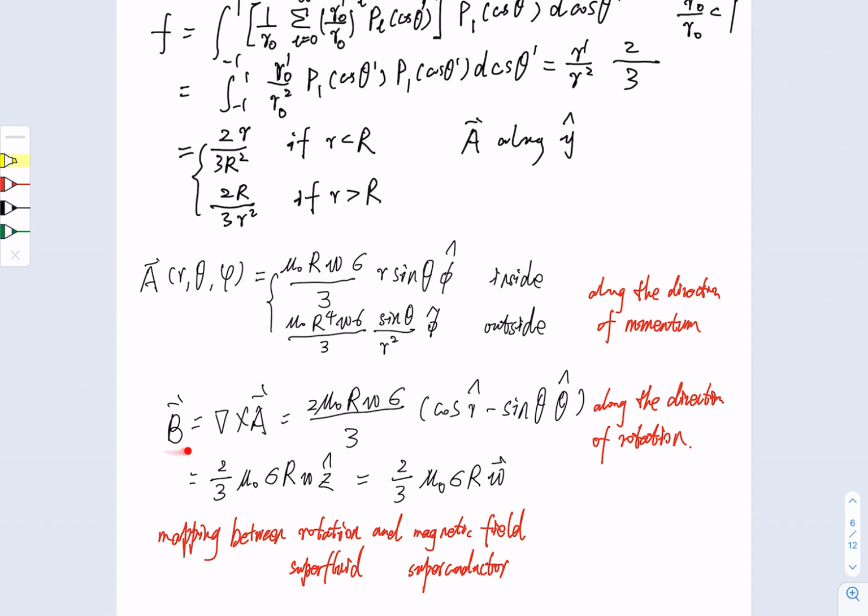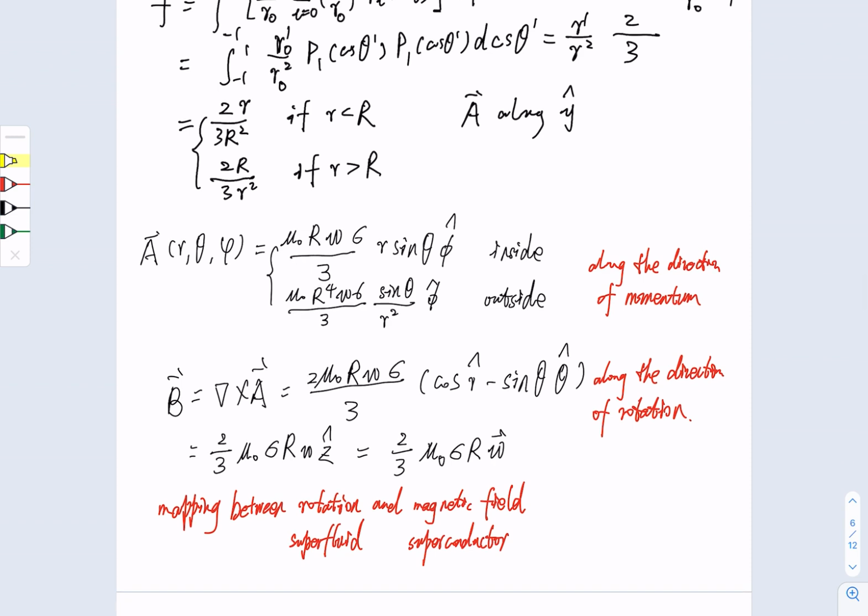For the B field, we can see that it's proportional to this omega axis, the omega direction, and the amplitude is also proportional to the rotation omega. So you can imagine that there is a deep connection between a rotation and a magnetic field. If you have heard of, or are doing research along the line of superfluids or superconductors, then you might be familiar that indeed there is a deep connection between rotation and magnetic field.